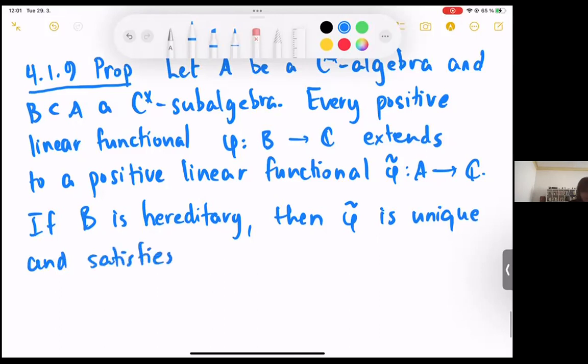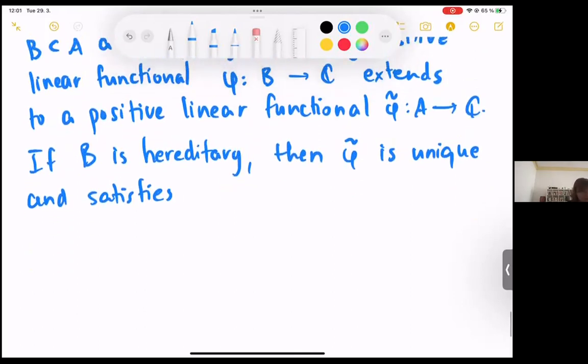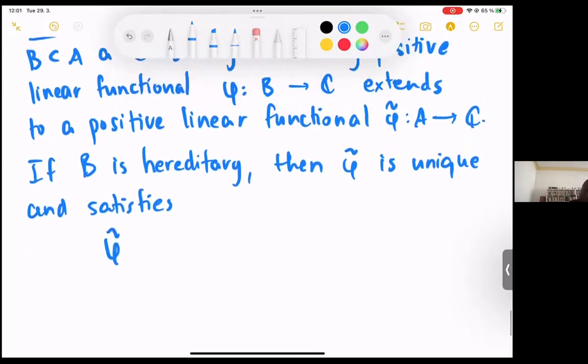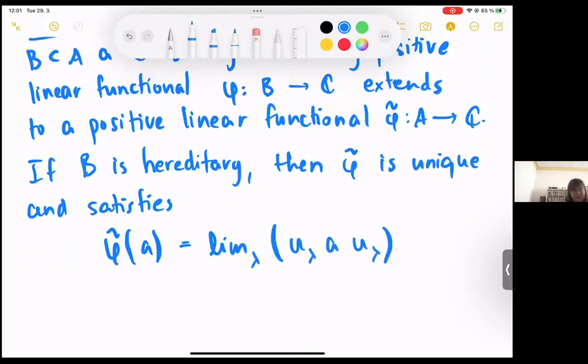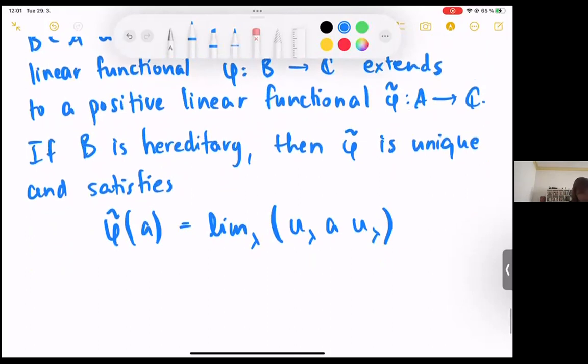So we can even say exactly what it looks like. If we take phi tilde of A, then it's going to be the limit of phi of A u lambda, where u lambda here is an approximate unit for B.